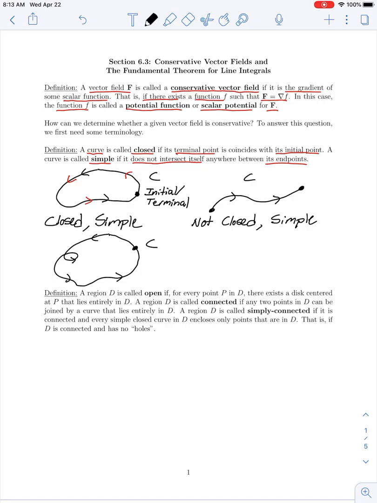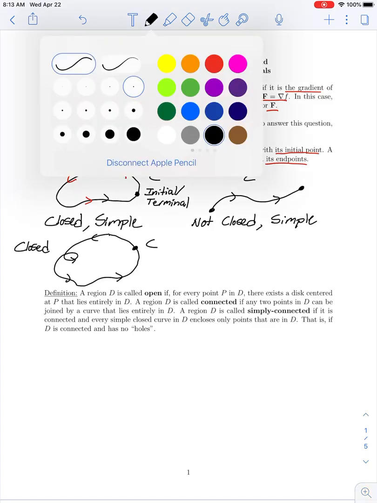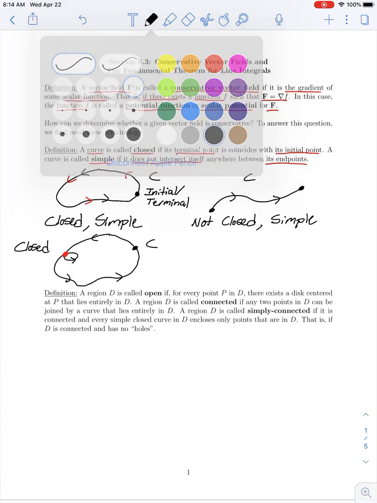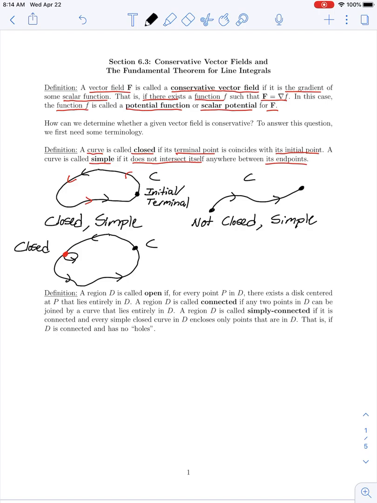So this would be an example of a closed curve, since its initial and terminal point are the same, but it is not simple. We see that there is a point between that initial and terminal point where it is self-intersecting. So here, this would be an example of a closed curve, which is not simple.